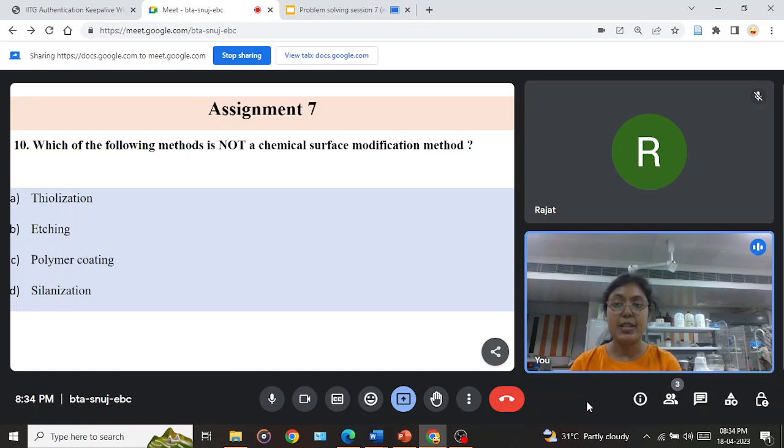Similarly, if you see option C, that is polymer coating. Coating of any polymer, any surface active substance, over the surface is basically modifying the surface. This is also a chemical route, using any polymer like an alkali polymer or any other plant-based polymer, right?